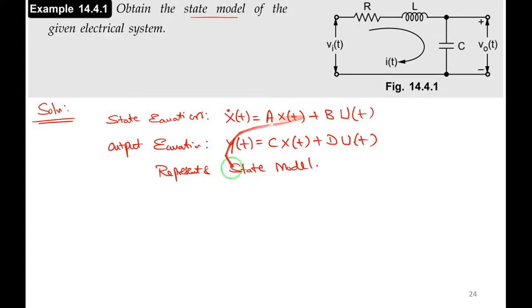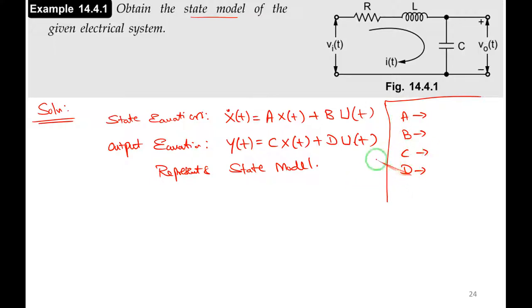Okay, fine, I have understood this. Then what are the orders of these? Let me write it here. A, B, C, D are the matrices. A and B are for the state equation, C and D for the output equation.